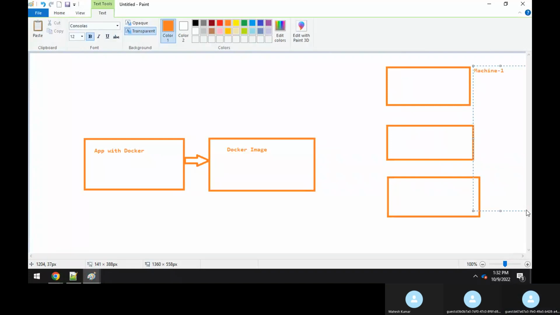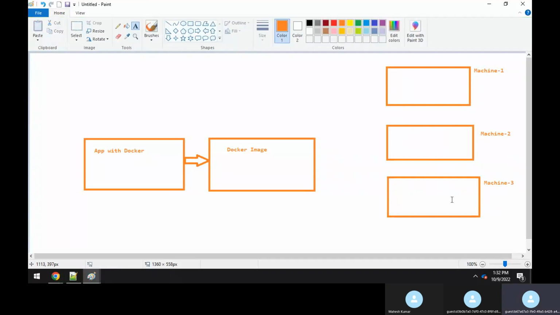For example, this is your machine one, this is machine two, and this is your machine three. With the help of this Docker image, you can create a container in this machine.